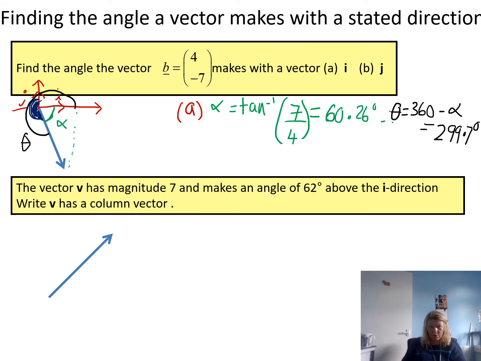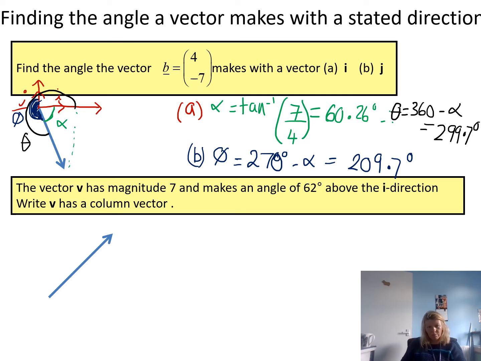Let's call that one phi. So phi is 180 plus that, or you can think of it as 270 minus alpha. I think I'll do it as 270 minus alpha. And if you do that on your calculator, you should get 209.7 degrees. Done.